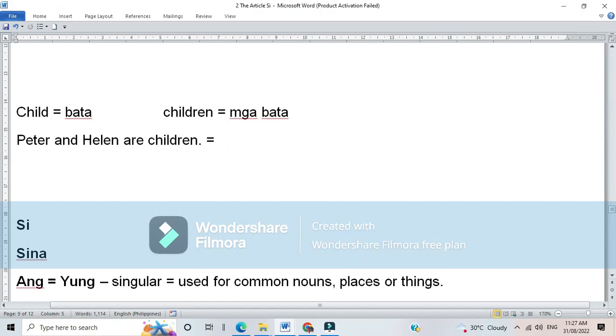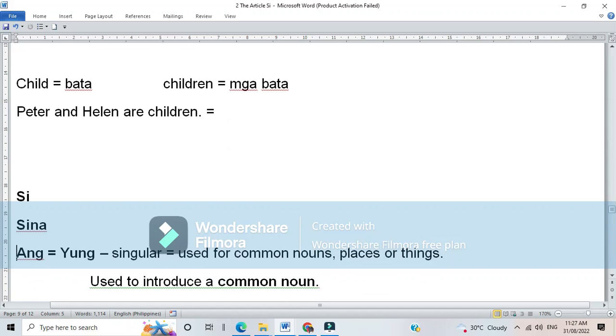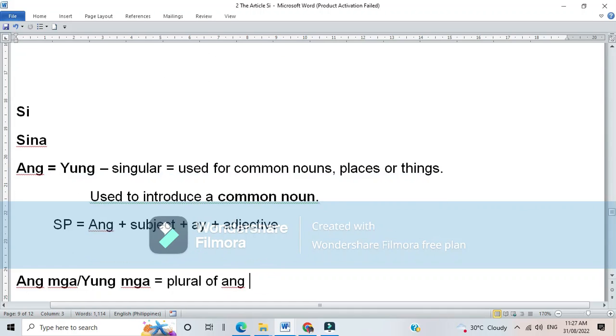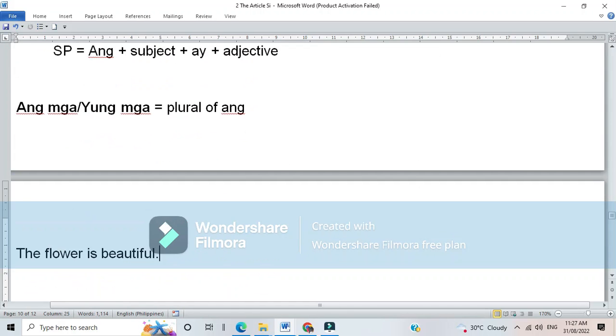Okay? So next article is ang. Sometimes it is yung. You will hear yung, but that is equivalent to article ang. Okay, so this one is used to introduce a common noun as the subject of the sentence. So for example, the flower is beautiful. So flower is a common noun, so that's why we'll be using the article ang.